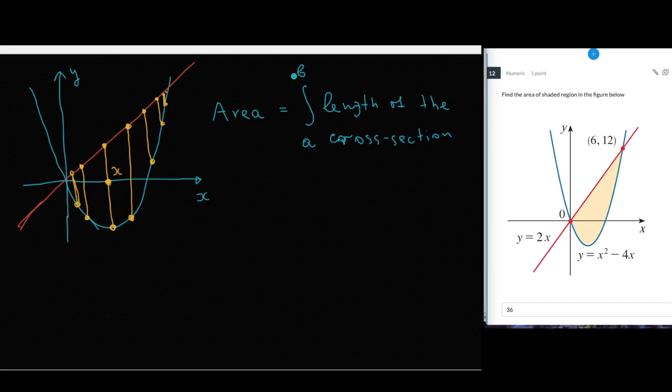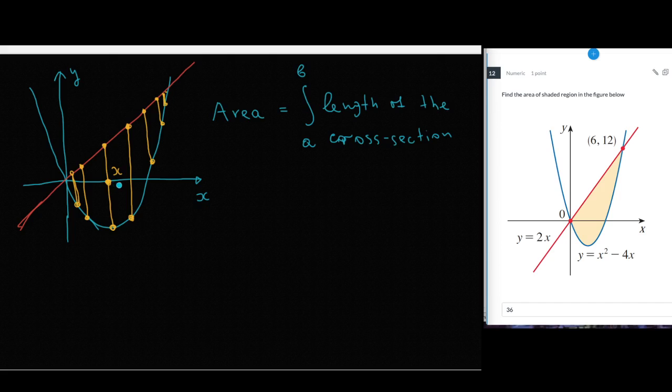Now, the limits of integration are essentially determined by the range of the variable which determines the position of our cross-section. In this case, for vertical cross-sections, the variable that determines the position is x. In the next problem, we'll be using horizontal cross-sections.